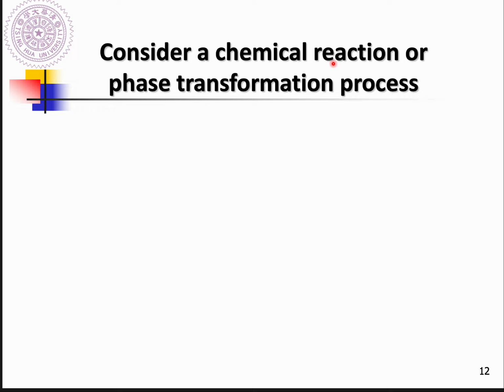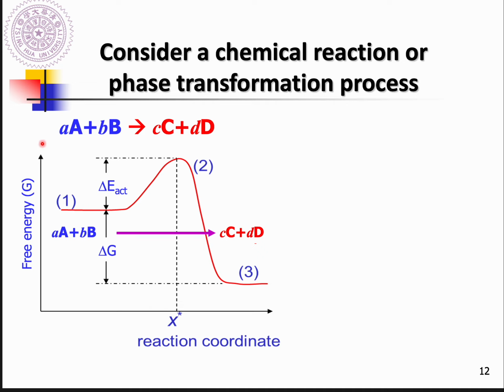So now we have a chemical equation. Reactant A will react with B, then probably they will generate C and D. Probably means we don't know whether the reaction direction is to the right-hand side.